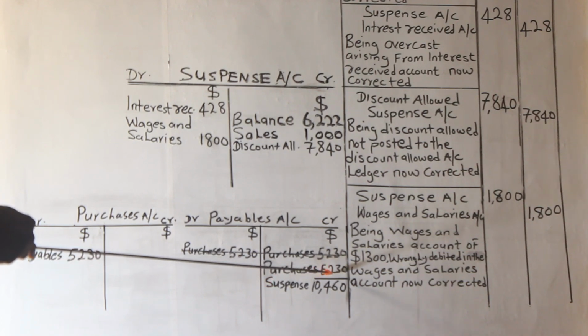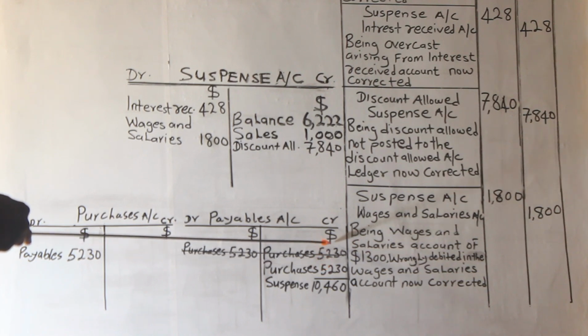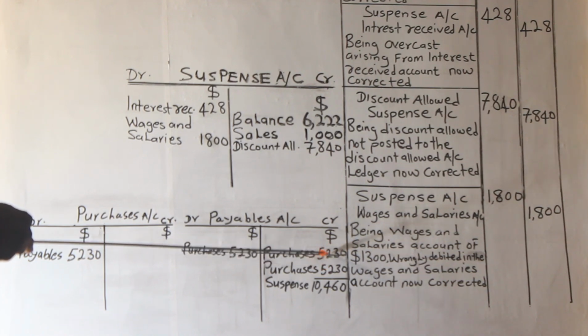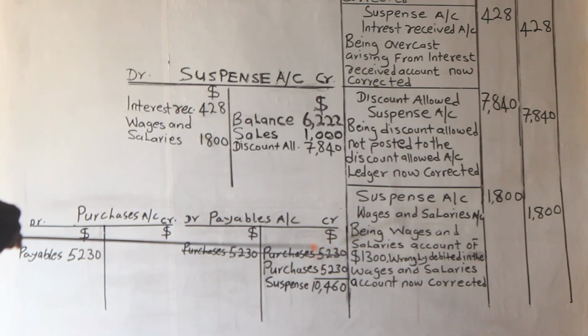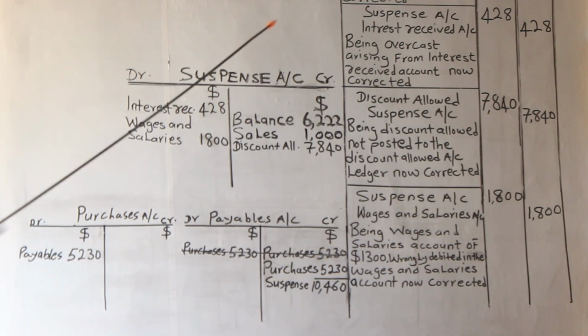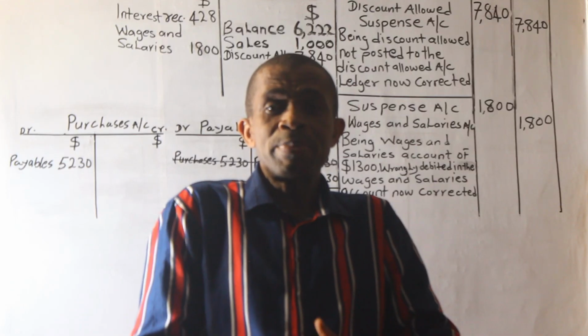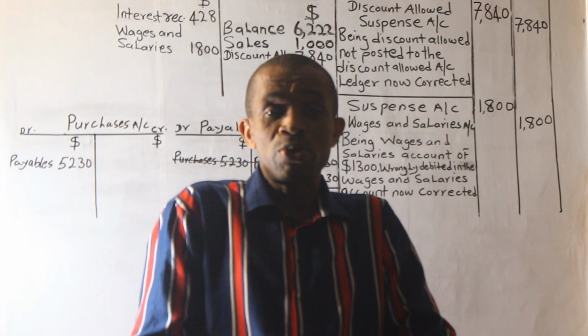Secondly, the main 5,230 was now recorded. What it means is that by recording something you are supposed to record here on this side, you have reduced this side by twice the figure. And that is exactly what we have proved here. What this means is very simple. I was told to give you $5,230.